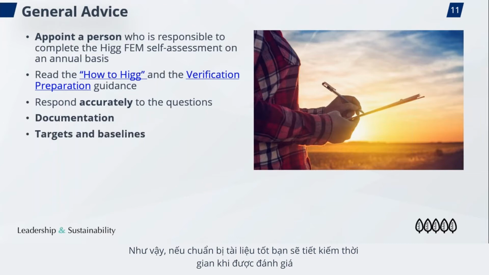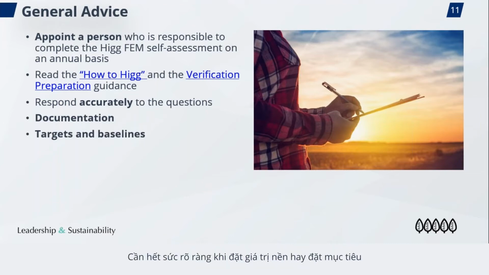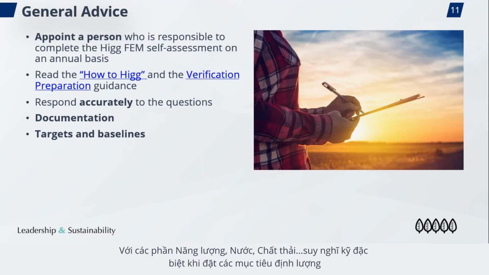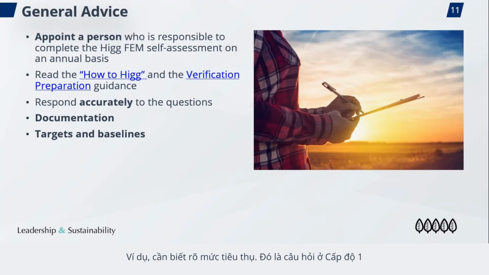Then also be clear when you're setting targets and baselines. So do some thinking before you start with those sections. The energy section, the water and the waste, specifically where you set quantitative targets as well. It's very important that you know exactly how much you consume, for example. That's already a level 1 question.